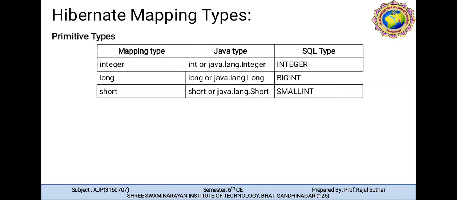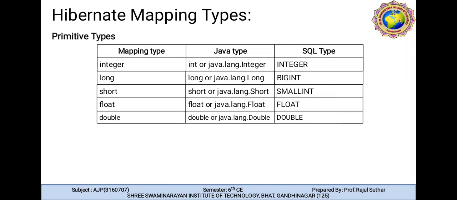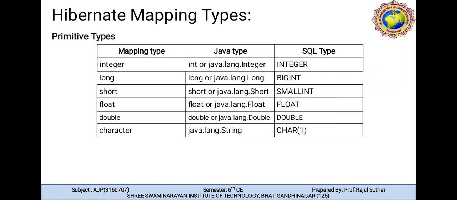In the same way, for short, we use short or java.lang.Short in Java, while in SQL type it is SMALLINT. In the same way for float, we use FLOAT in capital. Double is DOUBLE.